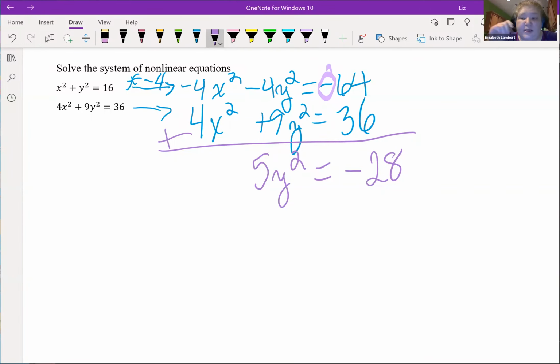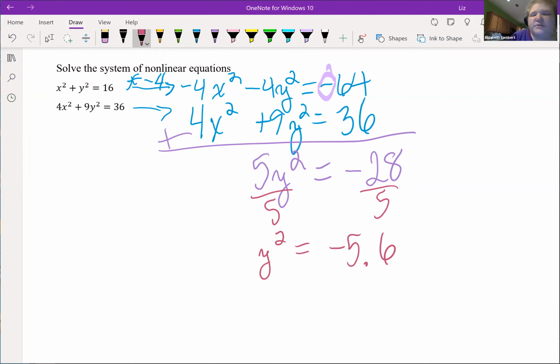So I could divide by 5, sure, but what's the step after that? You'd square root. So I'll divide by 5, and it's going to be -5.6. So we have y squared equals an ugly -5.6.